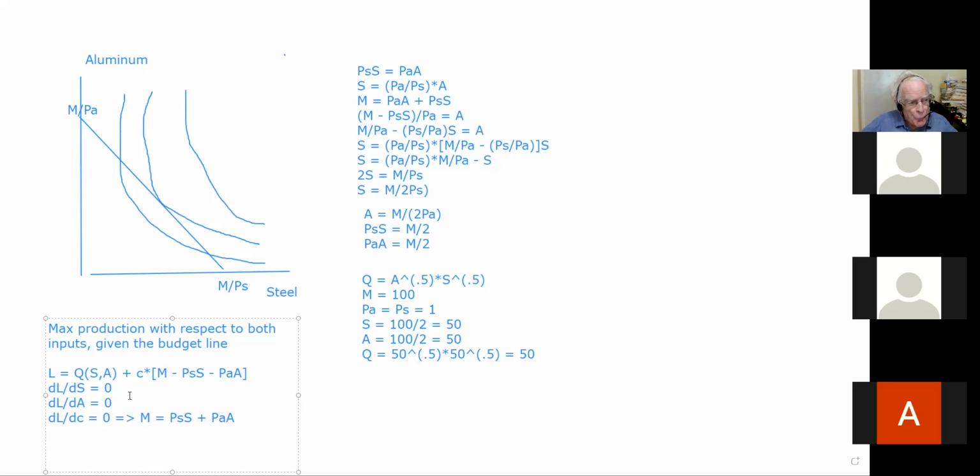So you can solve the problem this way rather than solving it directly from the comparative advantage. This will work as well for the necessary conditions.